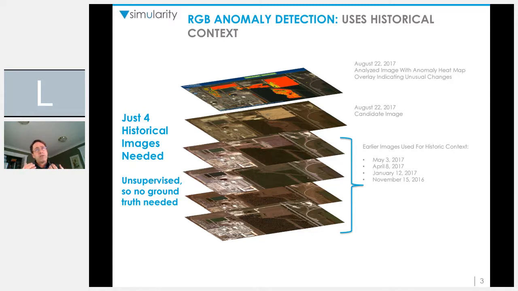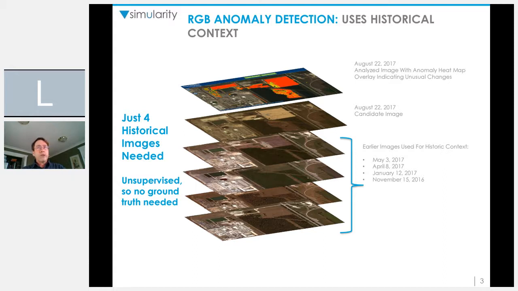A lot of times there are changes that are kind of normal changes, and there are other changes which are the more interesting or unusual or significant changes, which is what the analysts typically want to see. The good thing about change detection tools is that they compare two images and show you all the changes, but the bad aspect is that you see all the changes, and often there are a lot of normal changes that need to be filtered out.